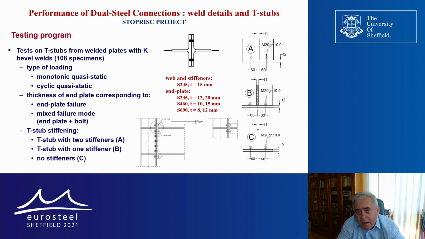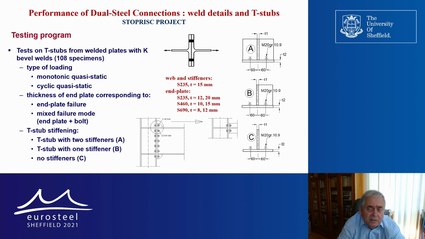So we found that it is interesting to study the weld details on the T-stub specimens. You can see here the T-stubs, and you can observe the steel grades which have been considered.